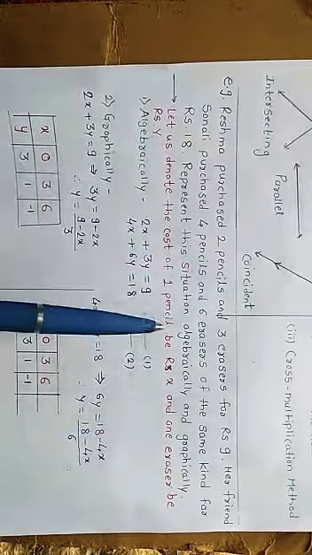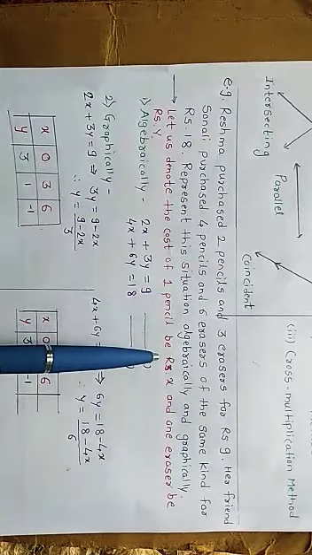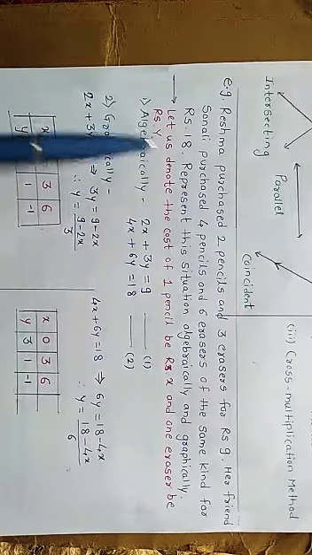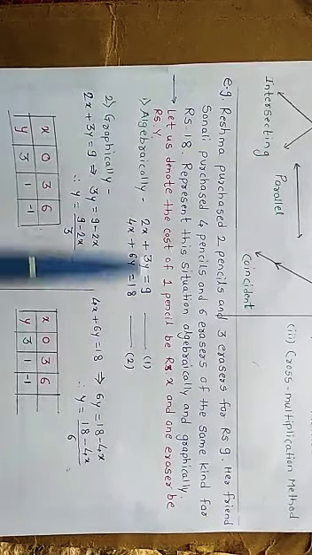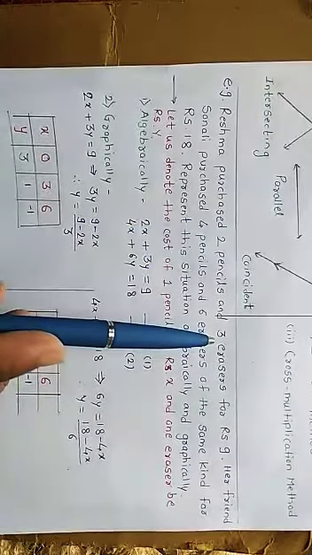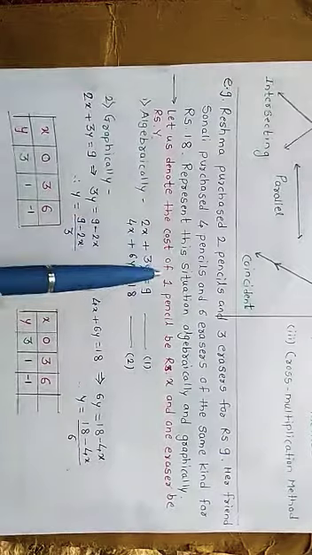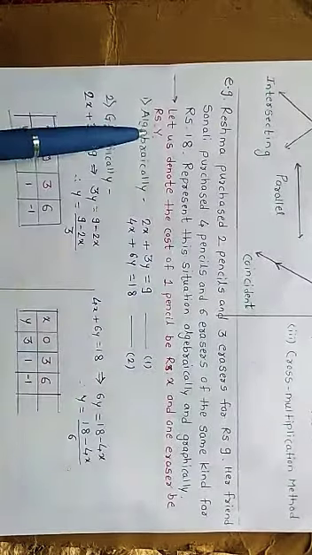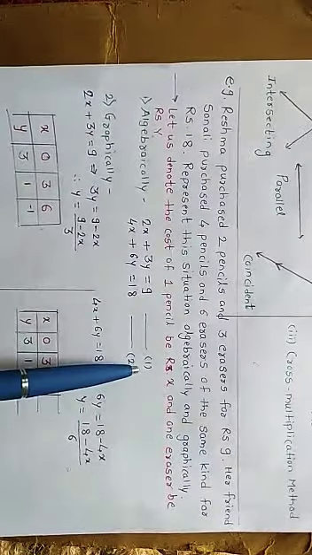For this question, if I take the cost of one pencil as x and one eraser as y rupees, then algebraically we have to make only equations. Here 2 pencils and 3 erasers, therefore 2x, because the cost of one pencil is x, and the cost of one eraser is y, that is 3y, is equal to total 9, equation number 1.